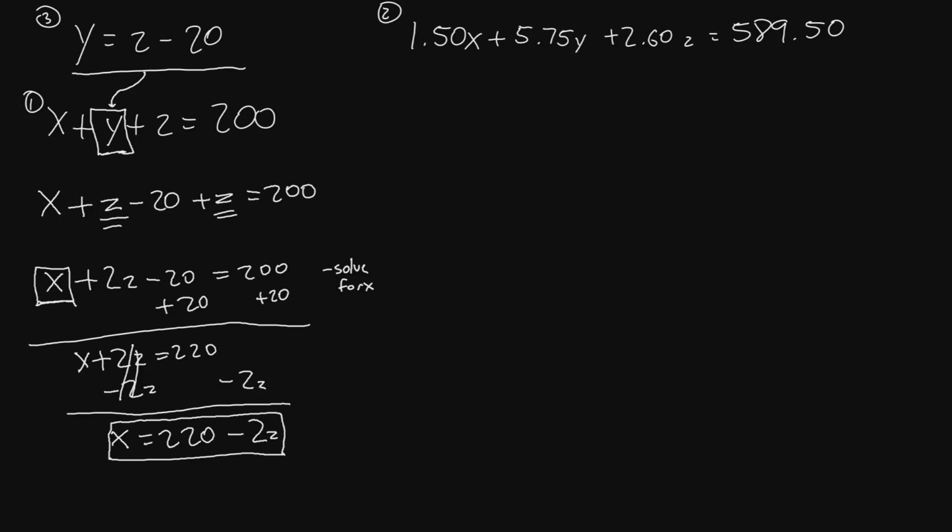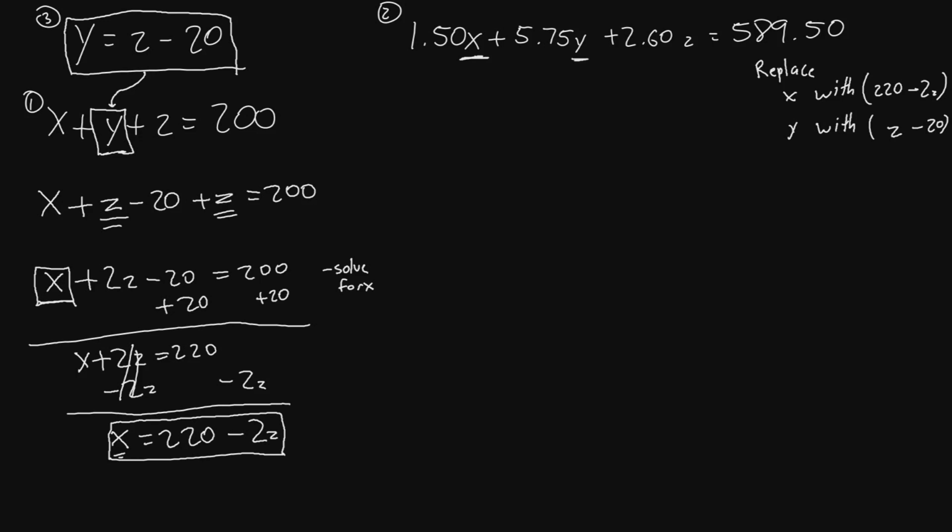So now let's take inventory of what we've done. We have the letter Y in terms of Z, and now we have the letter X in terms of Z here. So the correct next step is to now replace X with the expression 220 minus 2Z and replace Y with a different expression, Z minus 20.